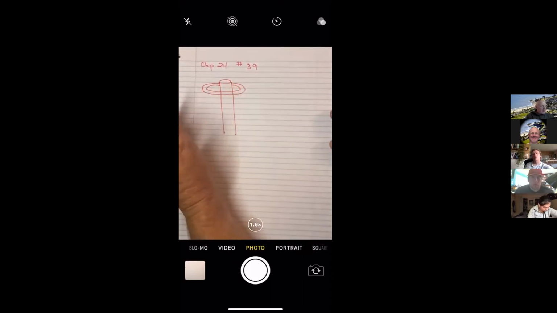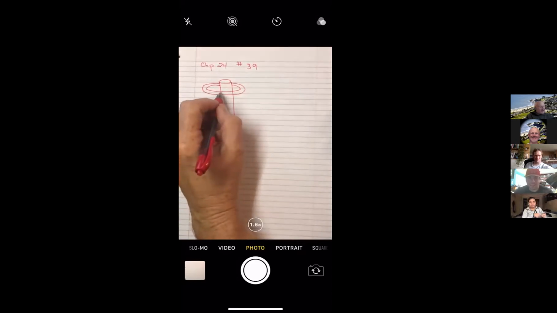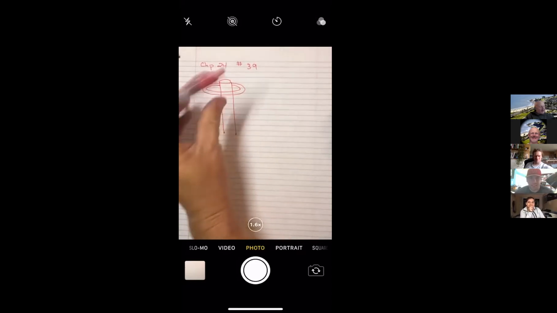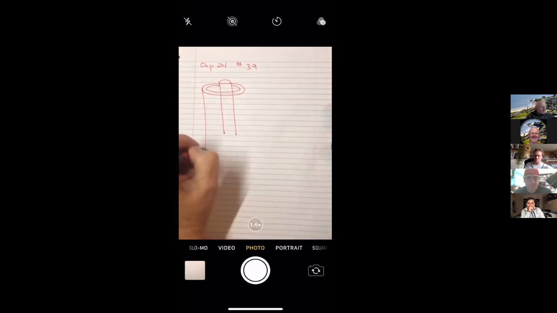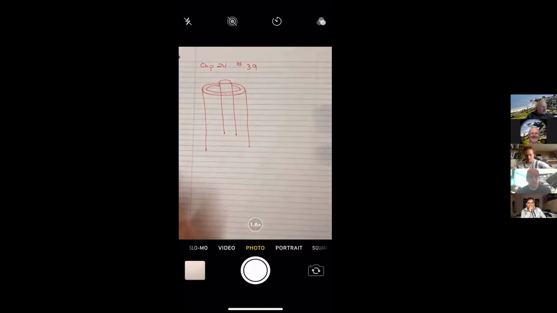Oh, now I wish I had your erasable pens, Daniel, because it would look better if I can get rid of that line right there. But hopefully it still looks like 3 dimensions here. Yeah, it does. Okay, good. So there's my hollow cylinder whose axis corresponds with that of the wire.